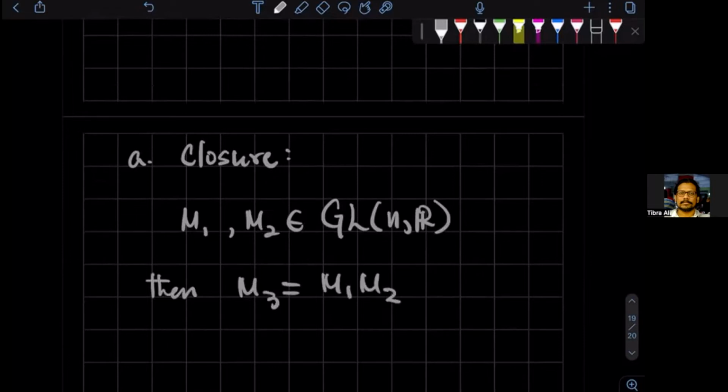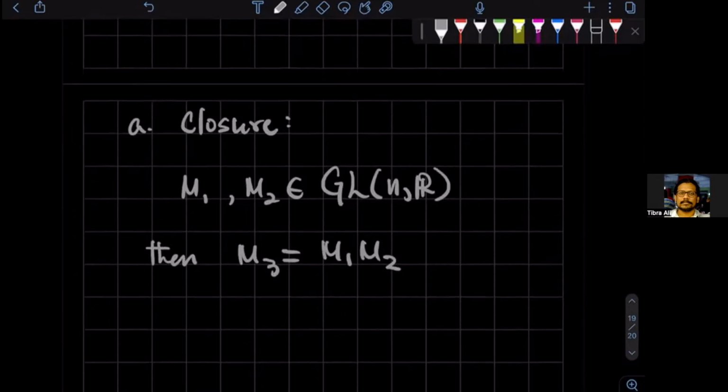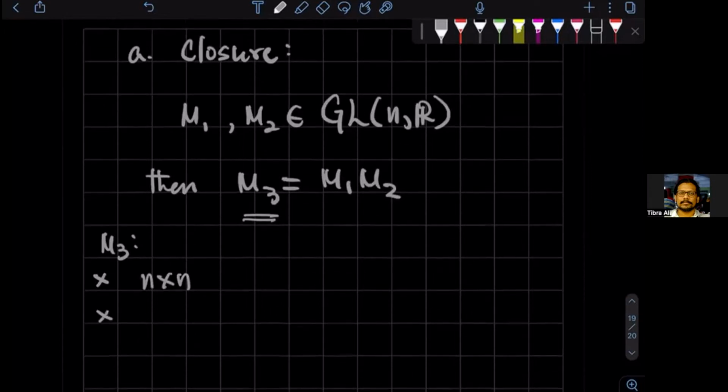This is the matrix multiplication. Now, what is the dimensionality of M3? So n by n. What are the entries?